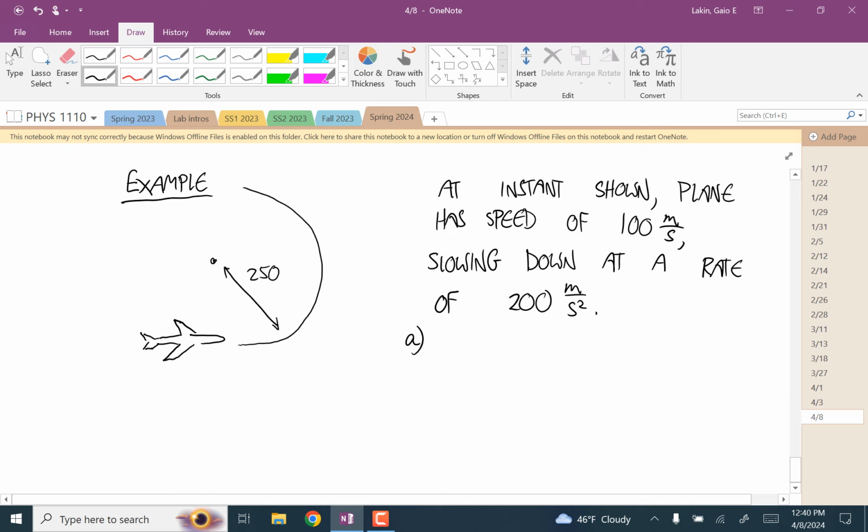So first, what's the acceleration of the pilot? And then second, calculate those same two forces, the normal force applied by the back of the chair and the normal force applied by the seat.